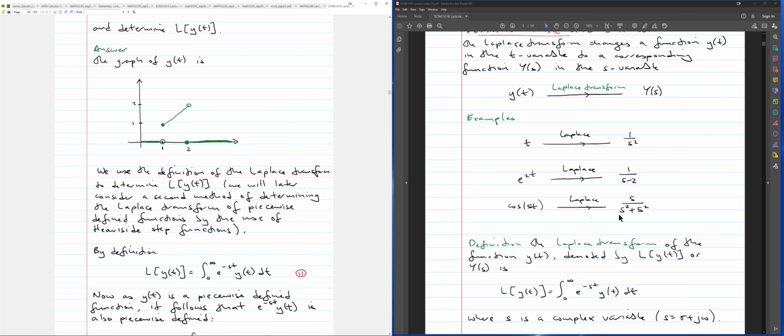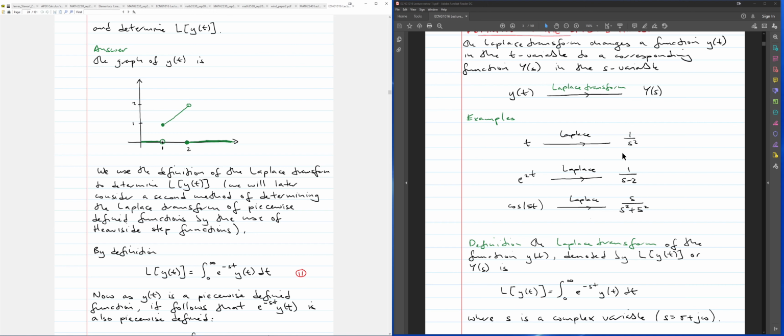Usually with these fractions, or rational functions, the degree of the polynomial on top is lower than the degree of the polynomial below. So this is s to the power 1, and this is s squared, so the higher power is 2 here. Likewise, in 1 on s squared, the degree of the polynomial on top is 0 and the degree of the polynomial below is 2.